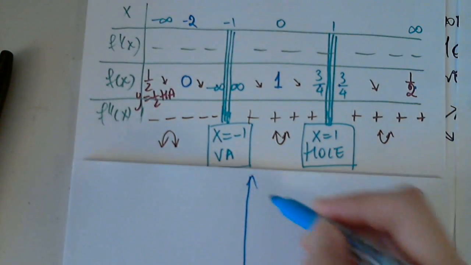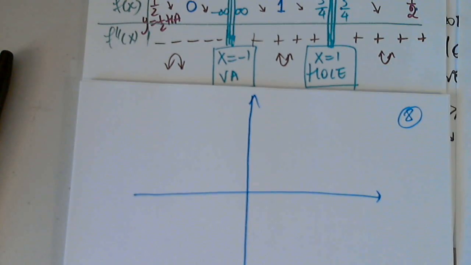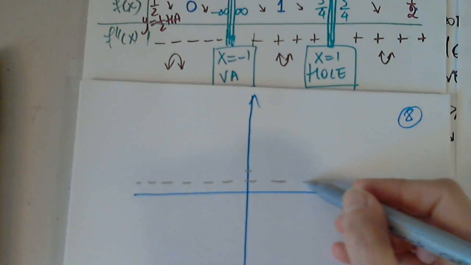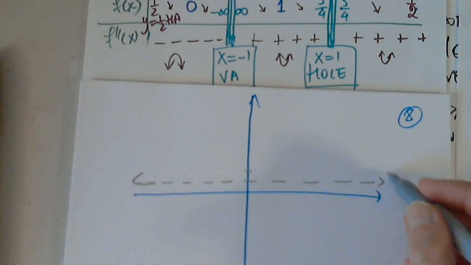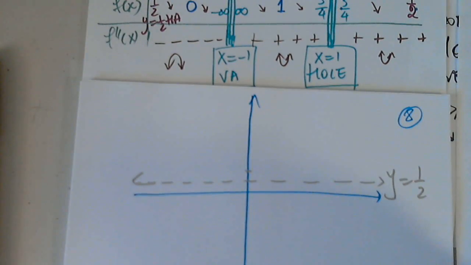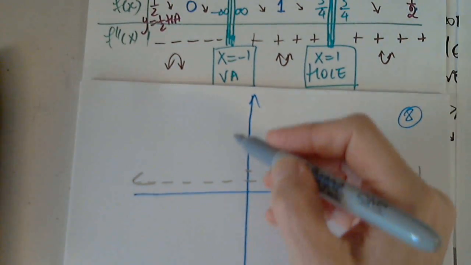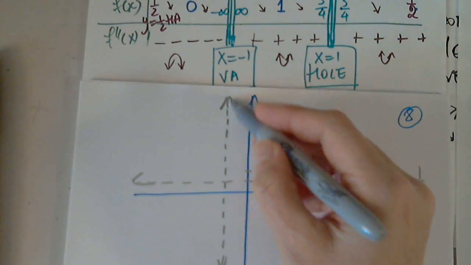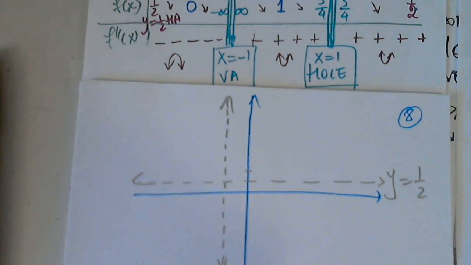When I graph a function with asymptotes, I must start by graphing the asymptotes. And here they are. Y equals 1/2. And for x, of course, x equals -1.